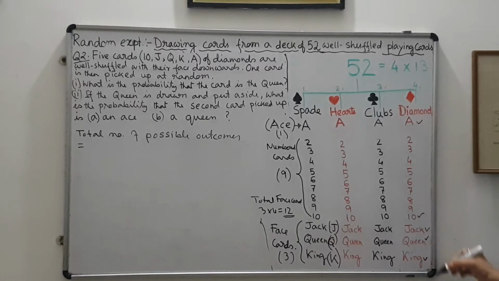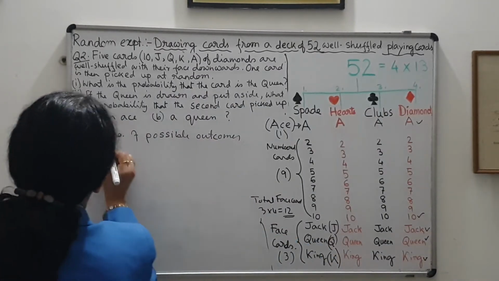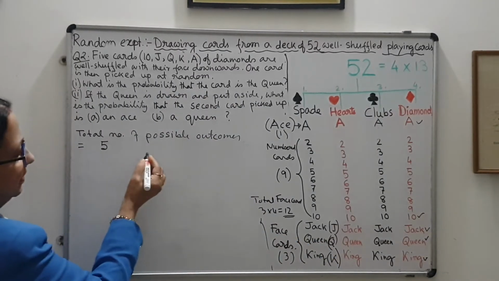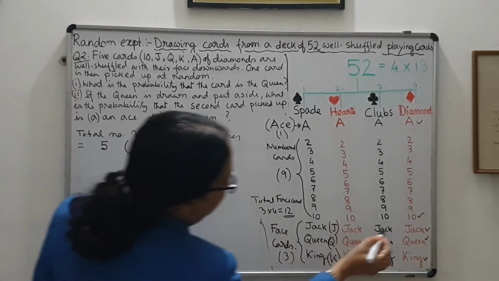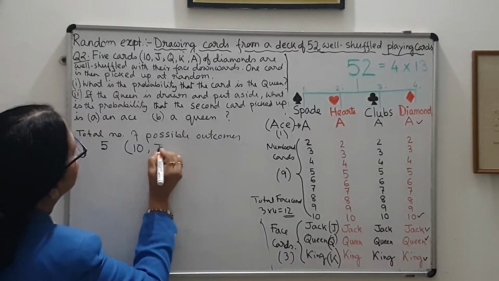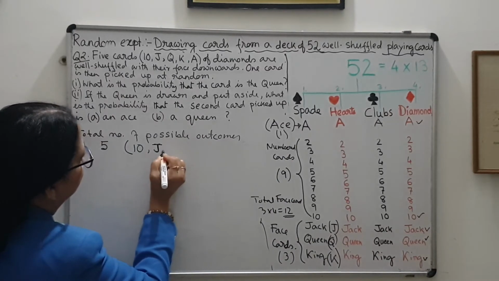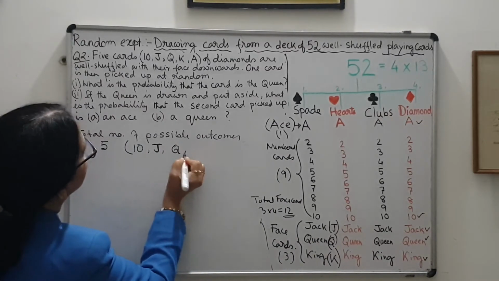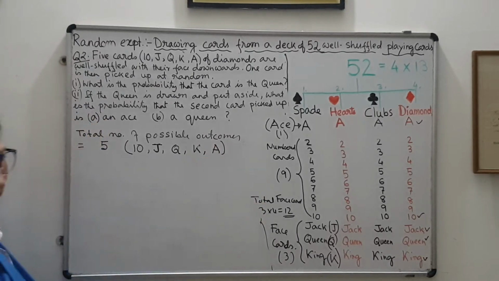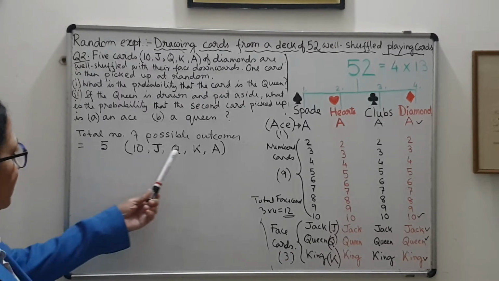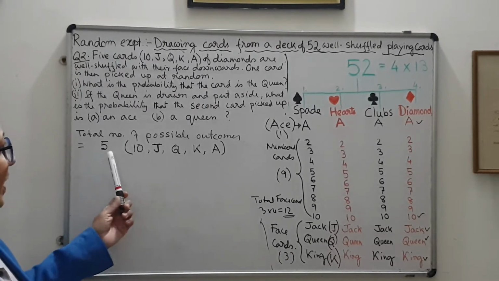So these 5 cards are picked up. So it is 5. And these are the cards. Let me write it down. That is this 10 I have taken, then Jack, then Queen, then King, and then lastly Ace. Okay, this is our sample space. Our total number of possible outcomes is 5.